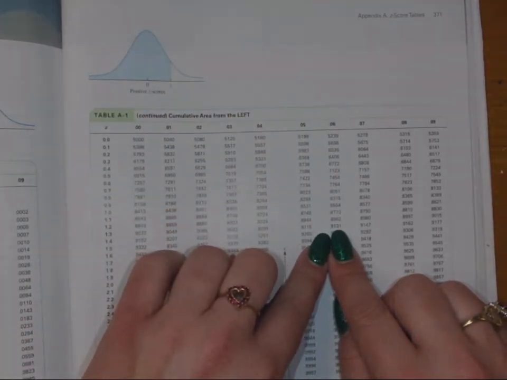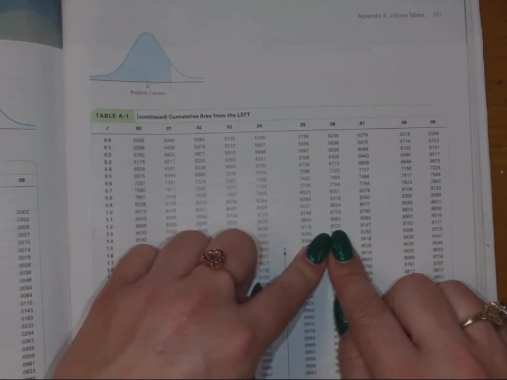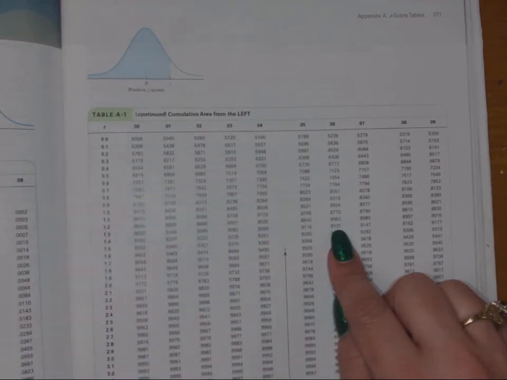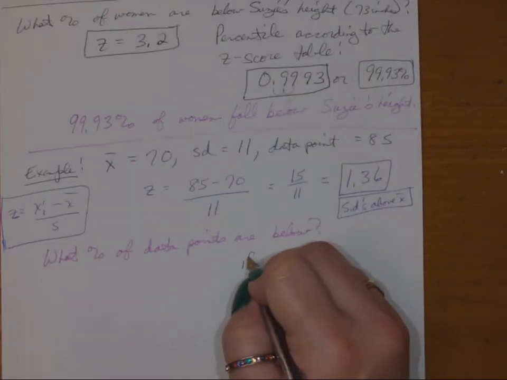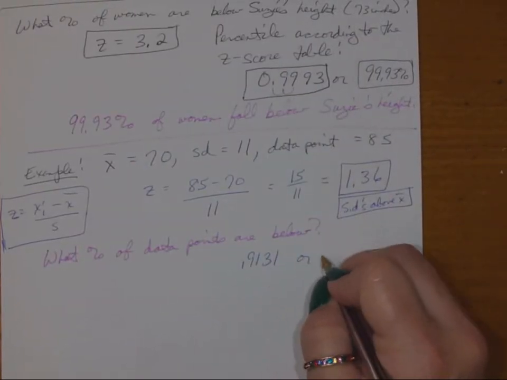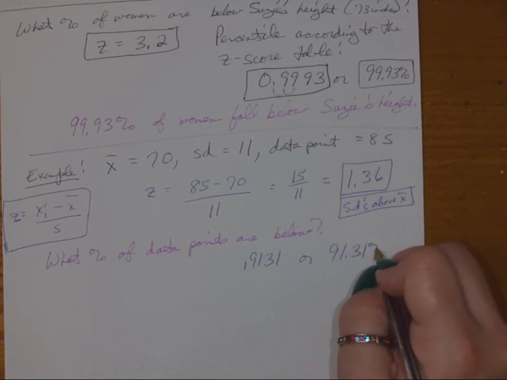I know it's small, but that value is 0.9131, or 91.31%.